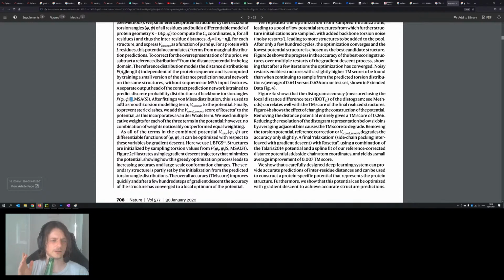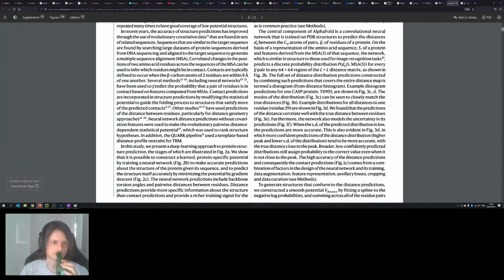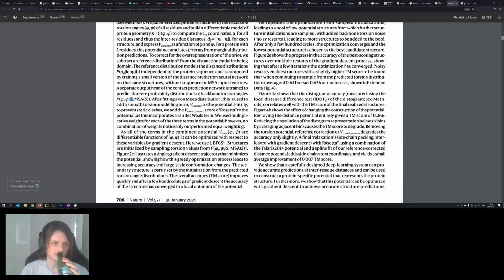So the probability of phi and psi given the sequence and then the multiple sequence alignment. Okay, I don't quite get that. Probability of that.